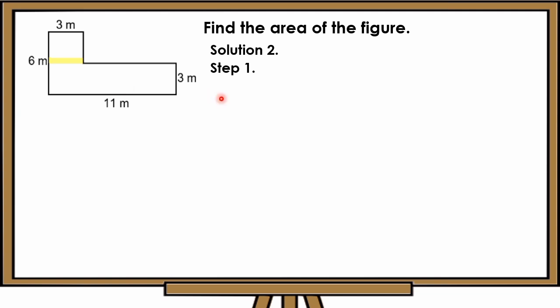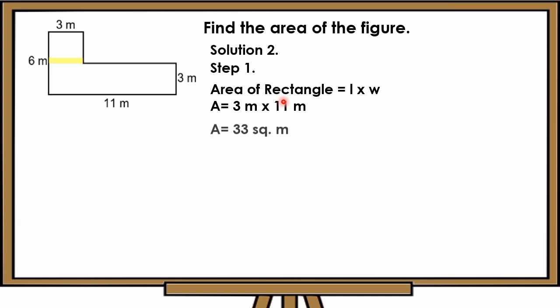Step 1. Let us get the area of the rectangle. And the formula is length times width. Area is equals to 3 meters times 11 meters equals 33 square meters.